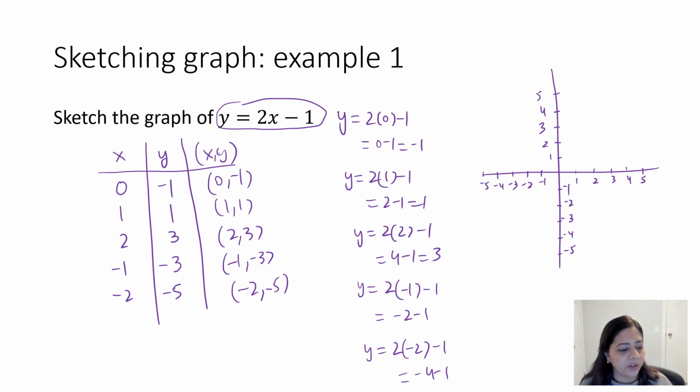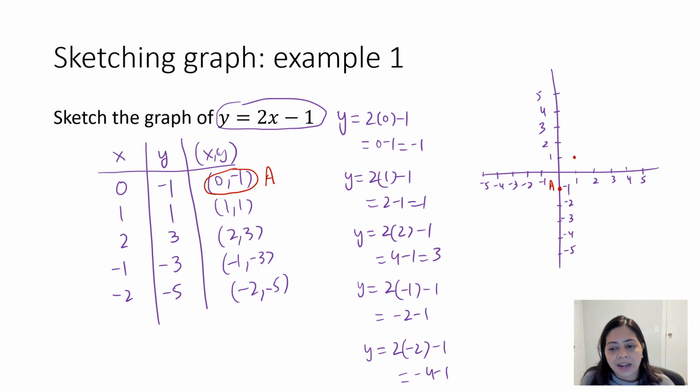Now mark these points. First point is 0, -1. So x is 0 means it's a point on the y-axis at -1. So there's where you are. This is the point A. You don't need to use the labels, but I'm just showing you for the first example. 1, 1.